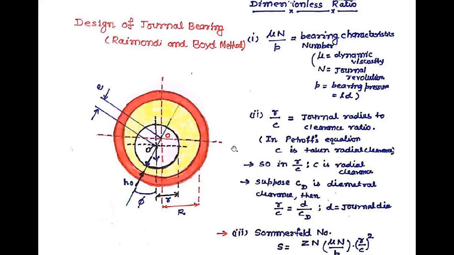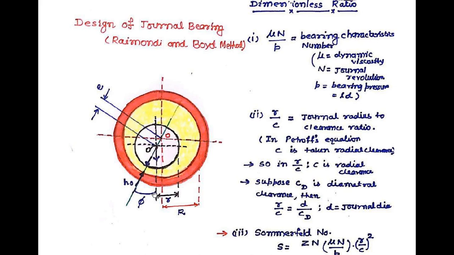Now come to the design of journal bearing proposed by Raimondi-Boyd. So it is also known as the Raimondi-Boyd method. This is the bearing, the red color is the bearing, this is the journal. Now this is the minimum film thickness H0, and phi defines the position of H0.